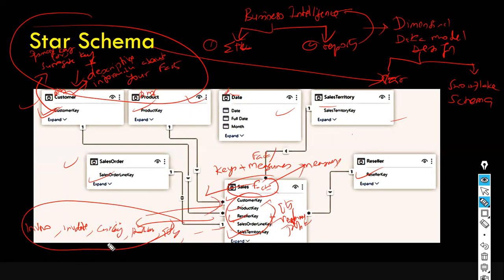And in here, if I say the quantity is 52, invoice number is 101, invoice date is something, and customer key is 101 and the product key is 101. It need not be 101. Just for example's sake, I'm putting these values.